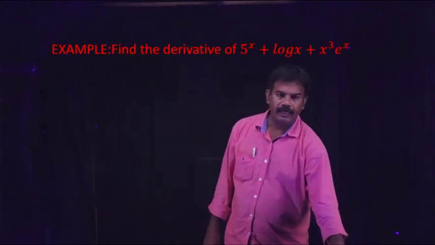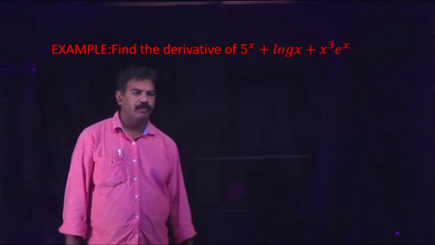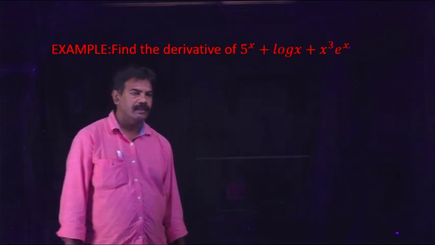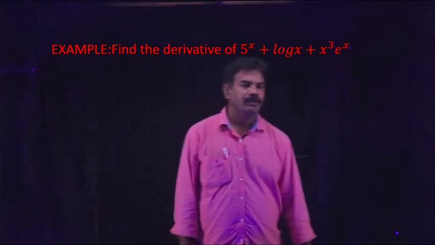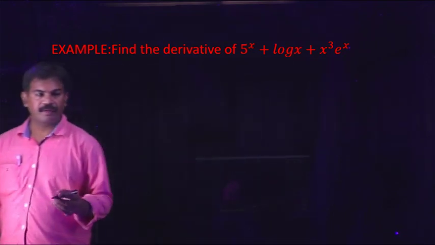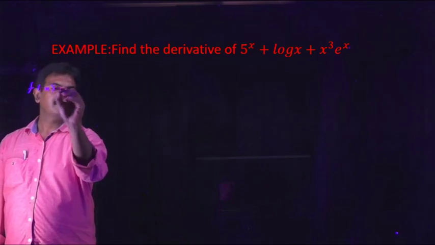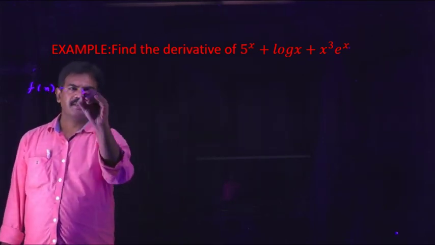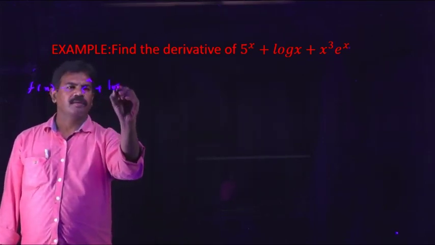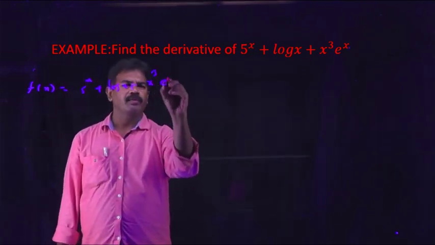Now see another example, that is find the derivative of 5 power x plus log x plus x cube into e power x. The given expression is f(x) is equal to 5 power x plus log x plus x cube into e power x.